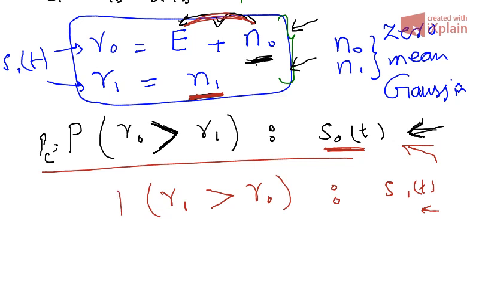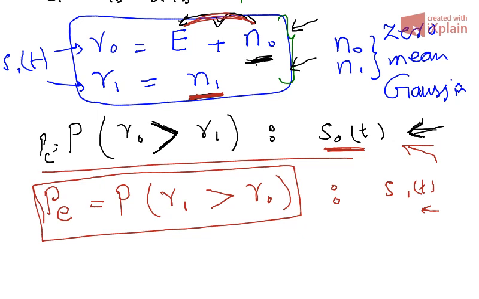So the probability of this event, the probability that R1 is greater than R0 when S0 is transmitted, would make the probability of error. It would give you the error probability. So we are interested in finding the mathematical expression for this error probability in terms of the energy of the signal and the energy of the noise.